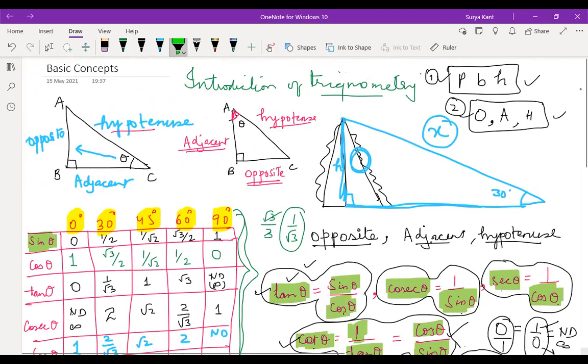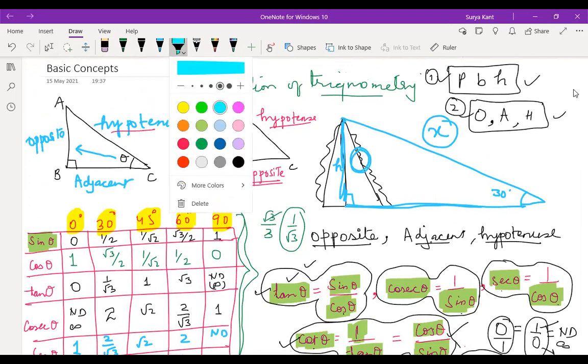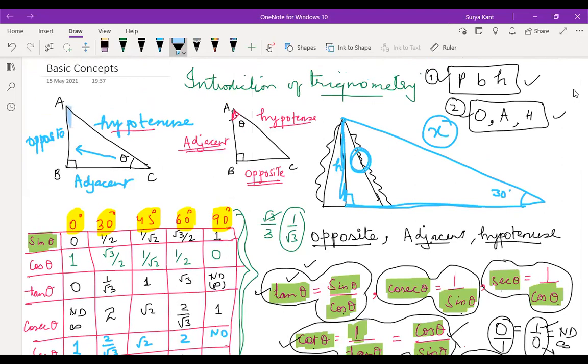In the first one, theta is angle C, and in the second figure I've taken theta as angle A. Is it clear, Drishi? So theta can be any angle depending on the question.